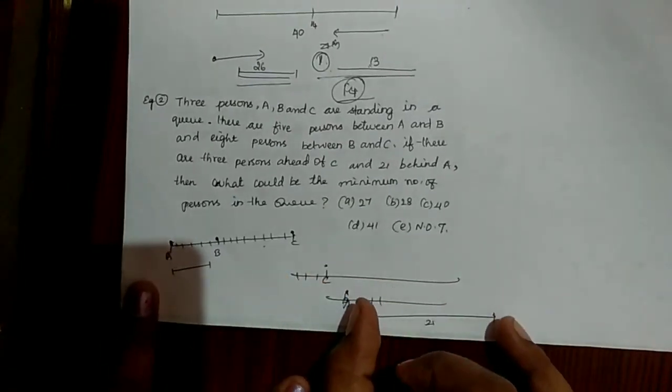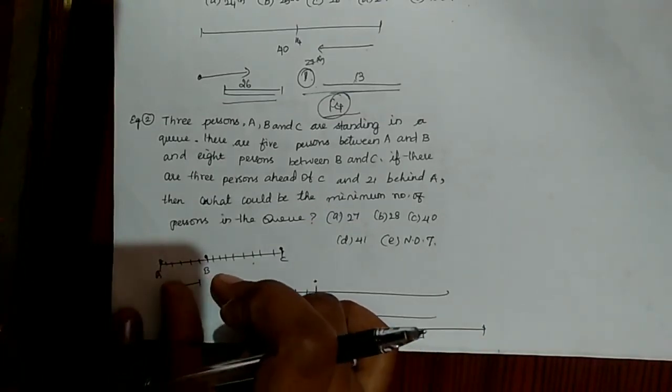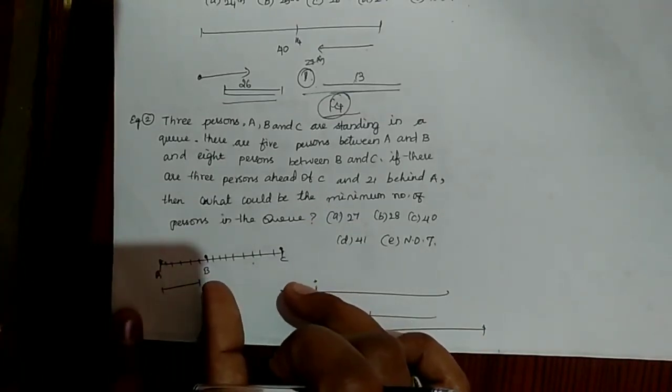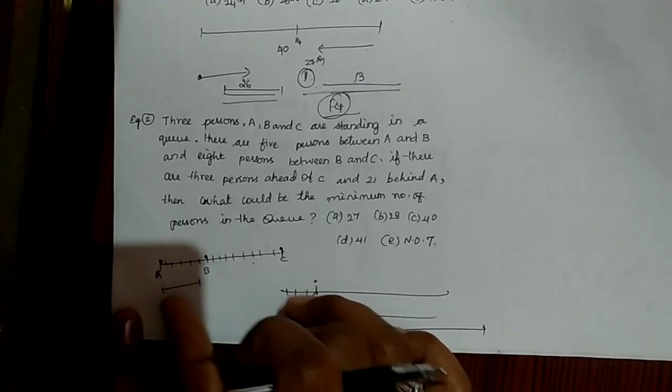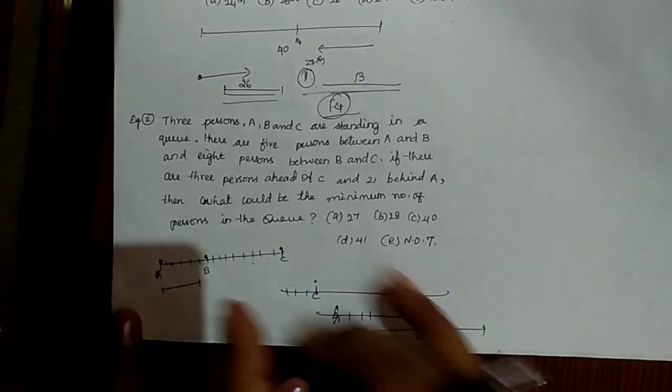There are 21 after A, and before C there are 3 persons, and between A and B there should be 5, and between C and B there should be 8. Now we should tally the queue count with these counts.